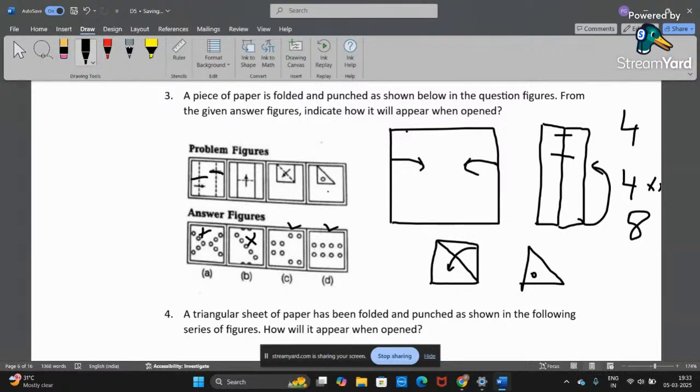Edge of the triangle. That means it comes in corners and also in between. It does not come here because it should be somewhere here. Not the answer. Just by eliminating the options, we can find the right answer.